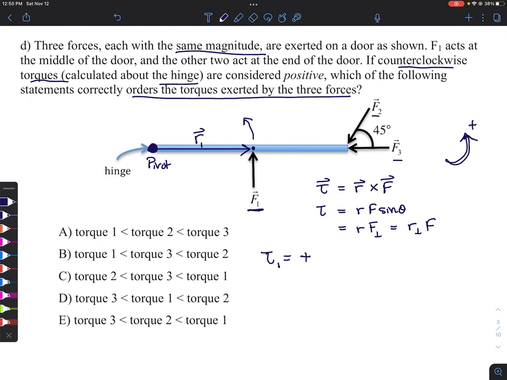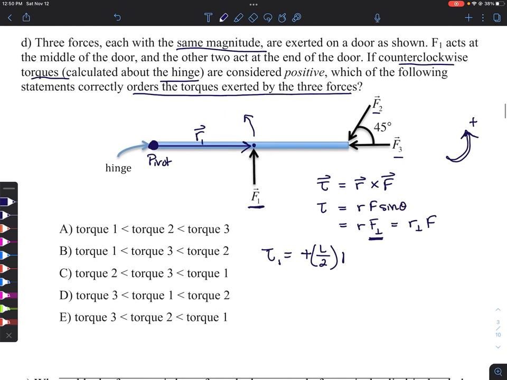We don't know the length of the door, but that's okay. Let's just call it L over 2, so that the total length of the door is L. And then we need to multiply by F sine theta, or the perpendicular component of F. So when I look at this, I see that R is this way, and F1 is at a 90-degree angle to R. So all of F is already perpendicular to R1. So that means that our F sine theta, or our F perpendicular, is just F1.